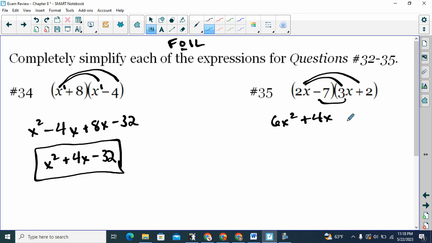Inside, negative 7 times 3x. Last, negative 7 times positive 2. And combine up your like terms. We've got 6x squared minus 17x minus 14.